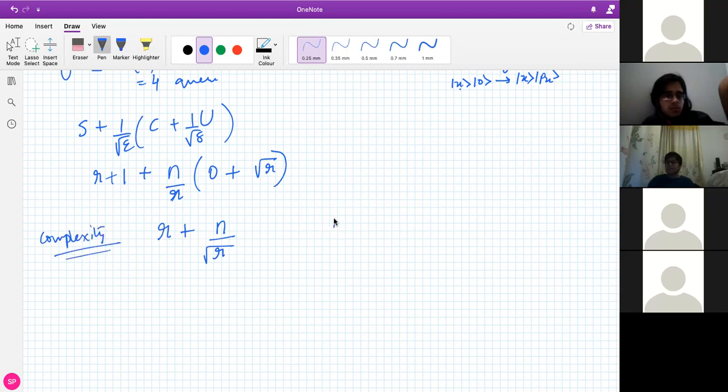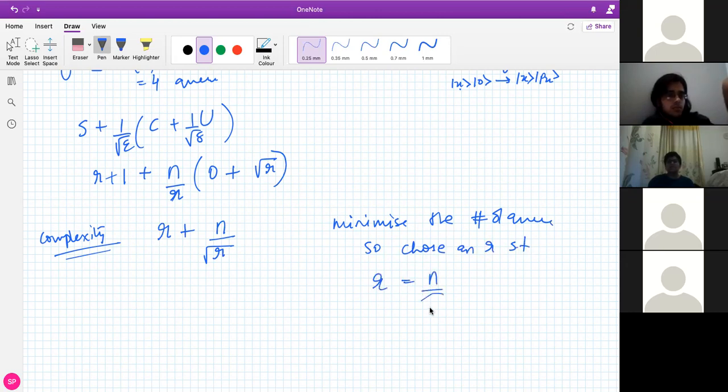And you want to minimize the number of queries. So you choose an r such that this term and this term are balanced. So you have r to the 3 by 2 is equal to n. I'm sorry guys, I mean the capital N here.